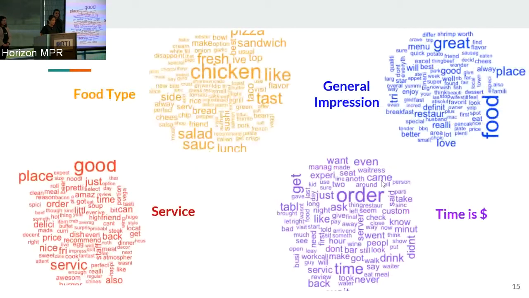Here you can take a closer look at the top words. For example, for food types, words like chicken and salad emerge, and for great impression, which is very broad and general. For service, you can see the word service pop up. And also what I'd call time is money, where the words order and times emerged.